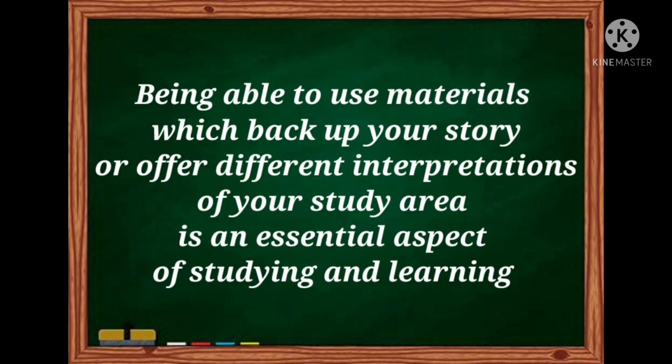According to an article written at skillyouneed.com, as a learner, being able to use materials which back up your story or offer different interpretations of your study area is an essential aspect of studying and learning. Primarily, you need to be aware of where to look for information, how to access it, and how to use it.